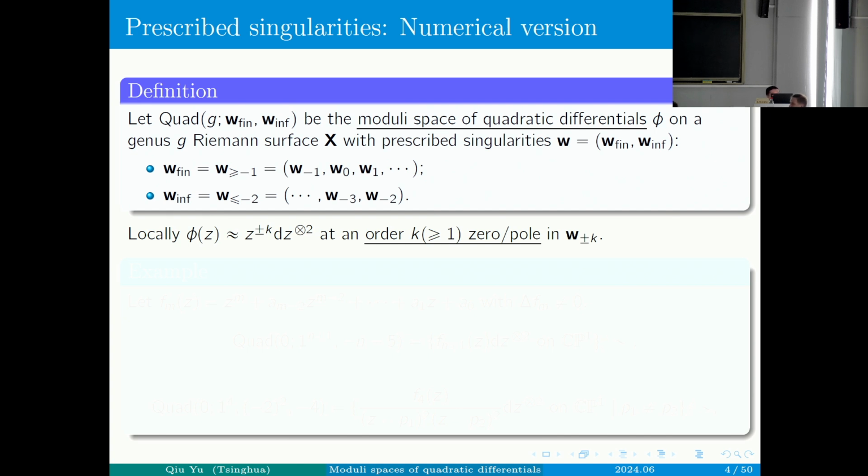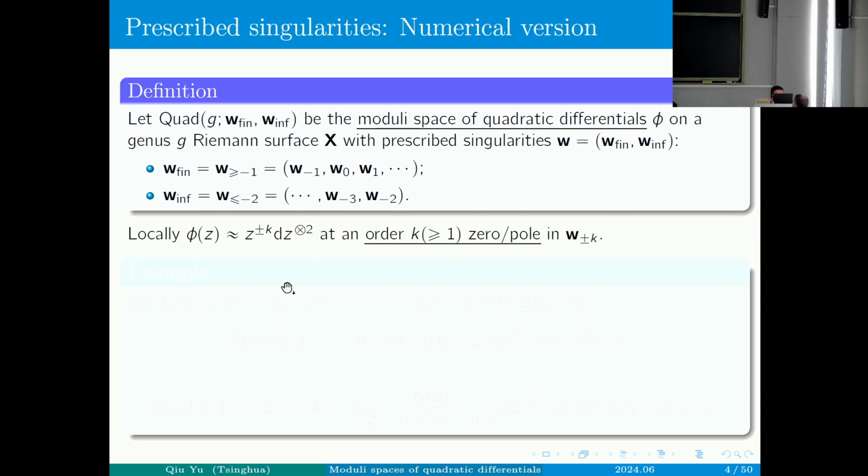The first is finite singularities, consisting of zeros, normal points but special as a special marking, and the simple poles, because for those singularities there is a metric, and when you go there, there is a finite distance. The other type is infinite critical points, consisting of poles of order at least 2.